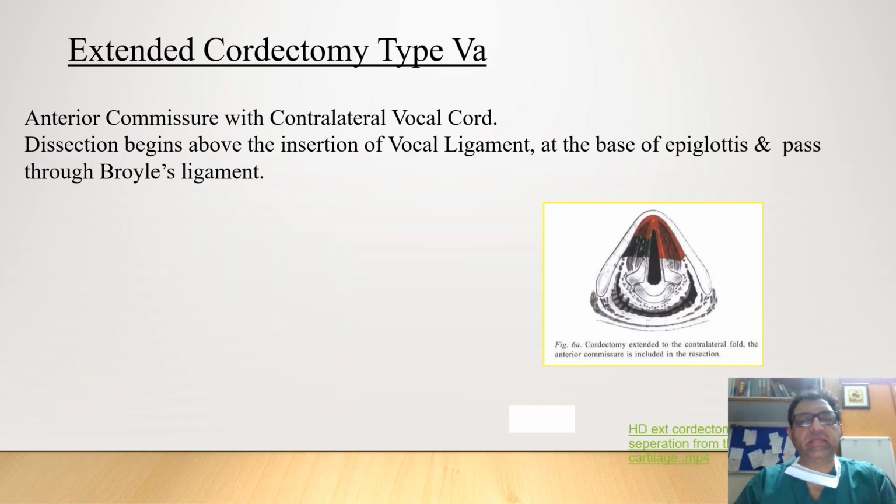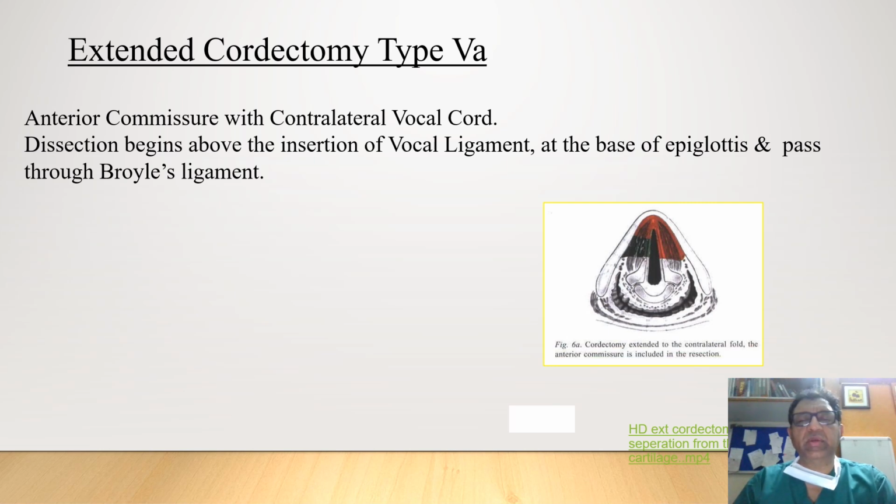Type 5A extended chordectomy involves the anterior commissure, with the contralateral vocal cord excised. Dissection begins above the insertion of the vocal ligament at the base of the epiglottis near the petiole and passes through the Bowles ligament.